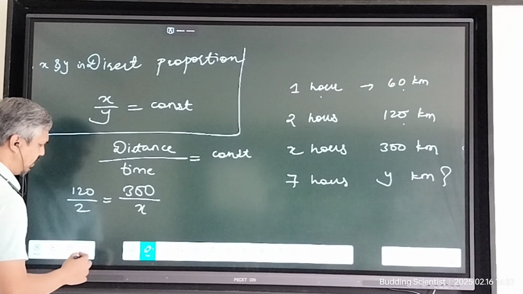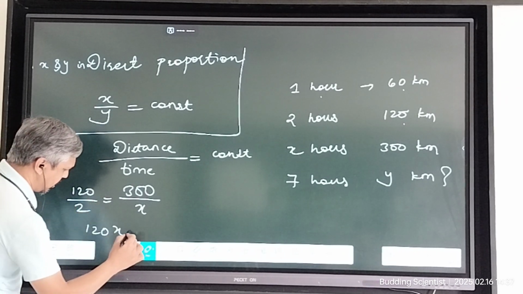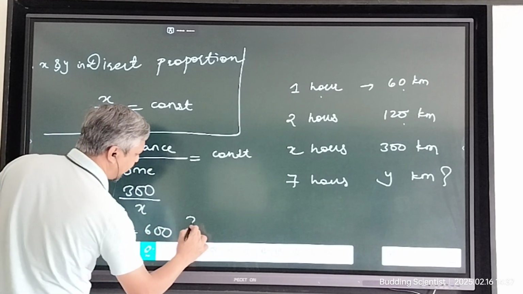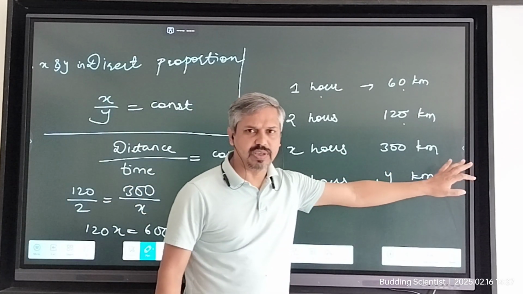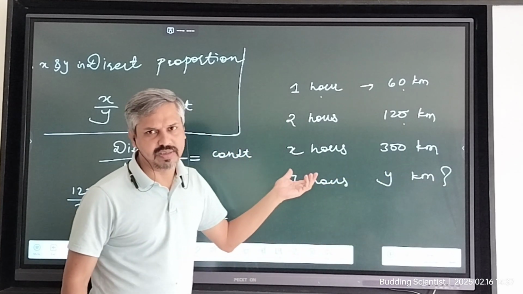Just cross multiply and we will get the answer. 120x is equal to 600, and dividing, x will be equal to 5. So it takes 5 hours to travel 300 kilometers. We know that the speed is 60, so to cover 300 kilometers you need 5 hours.